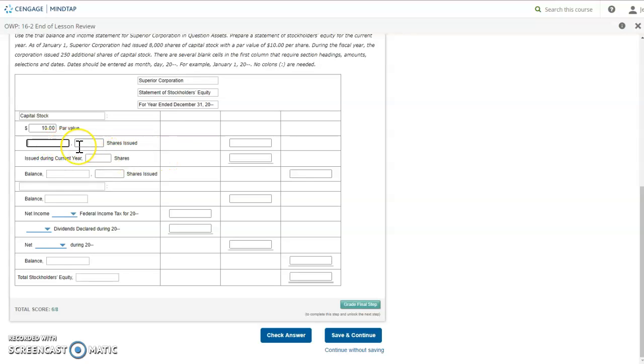We need to put that label in, and to put the label in, we are going to start with January 1st, 20-. And then in this box here, we're going to put how many shares were issued at the beginning of the year. Up in our directions, it does tell us we had 8,000 shares of capital stock on January 1st. So that's what we're putting in.